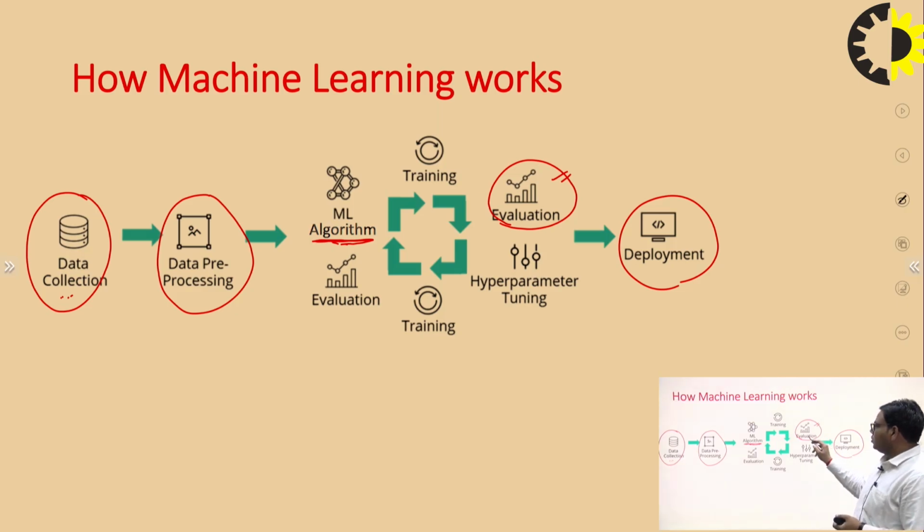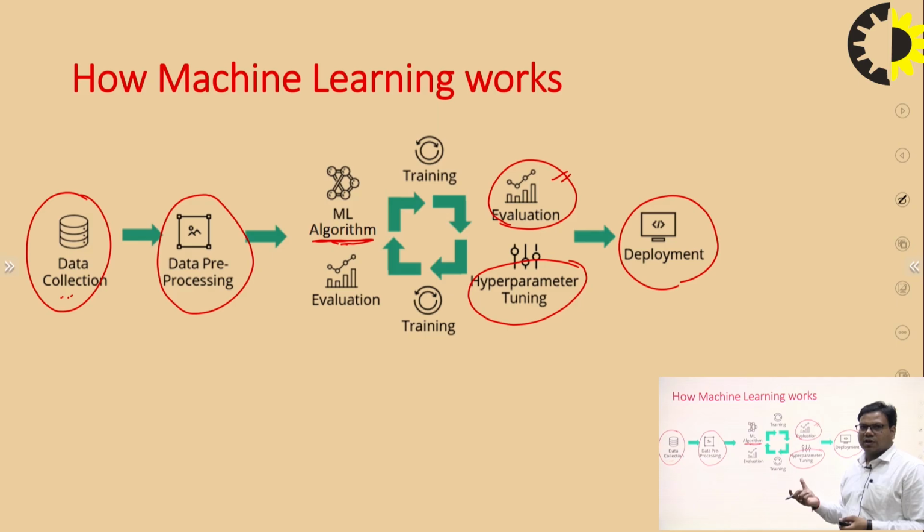If it is not performing well, if the performance is not as good as it should be, then we can make some tuning in the learning system. There are several parameters which can be changed or altered to make the performance better.